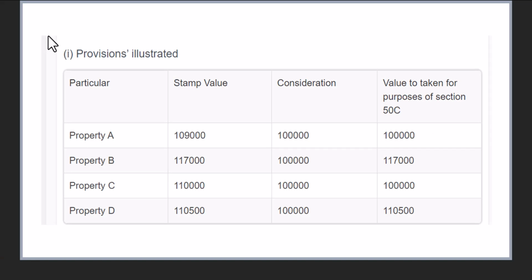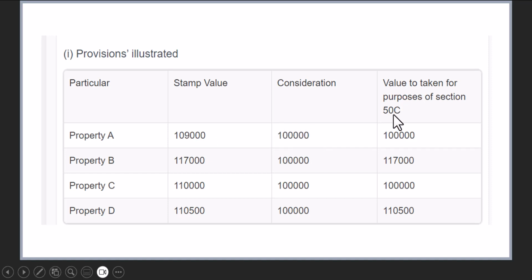So look at this. Suppose the stamp duty value is 1 lakh 9,000, and the actual consideration is 1 lakh.